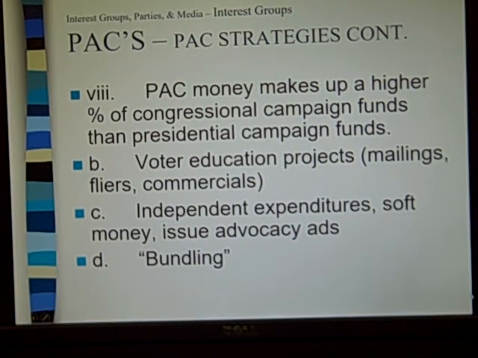Right? The president is up for re-election every 4 years. There is a significant amount of money that goes into presidential campaigns in terms of PACs. But from a percentage basis, Congress makes up the higher, because congressmen do not have the same fundraising opportunities as a president does. All right?